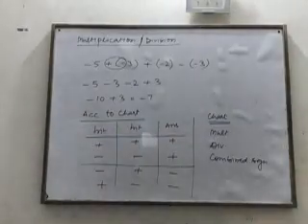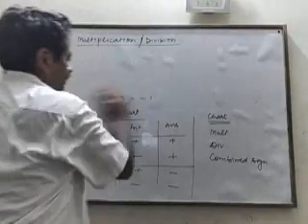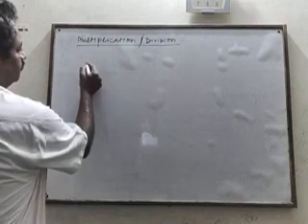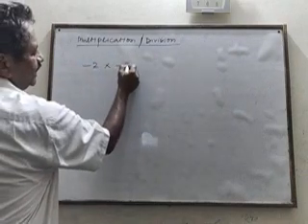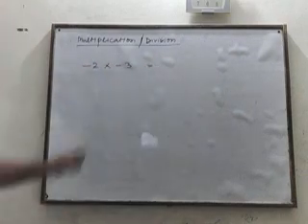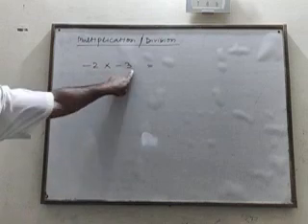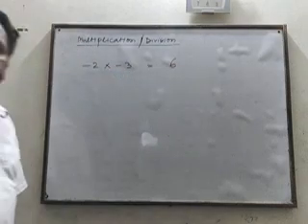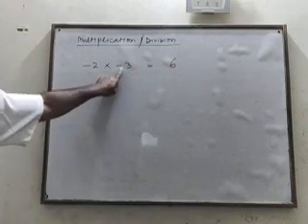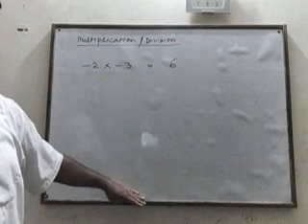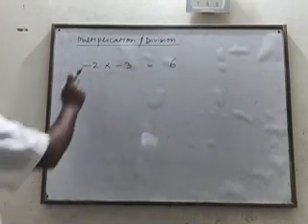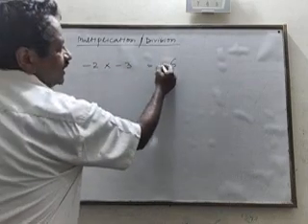Now multiplication and division. -2 multiply -3. Terms will be multiplied as usual, 3 twos are 6. But the changed sign will be there in the result according to the chart. In the chart you will see that if both the integers are negative, then plus.